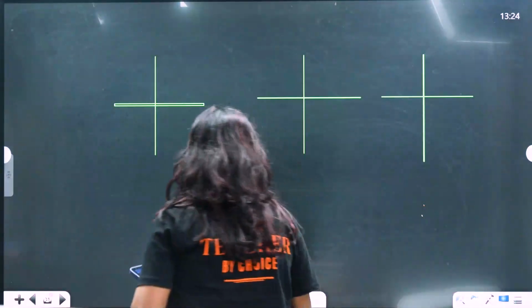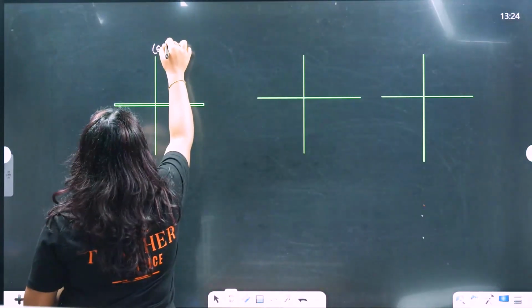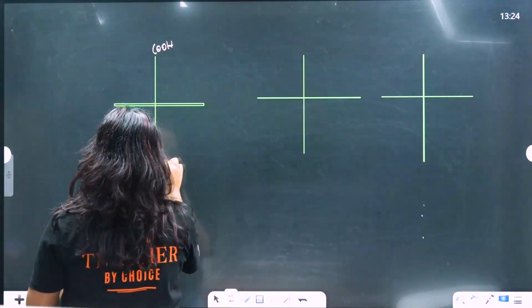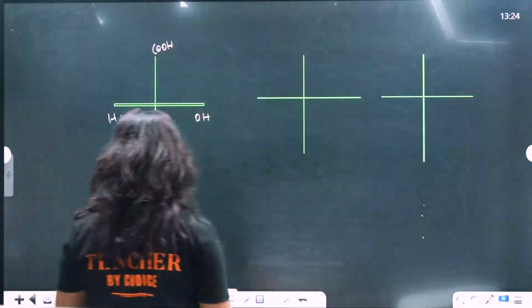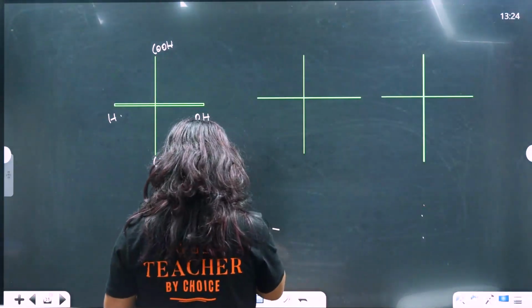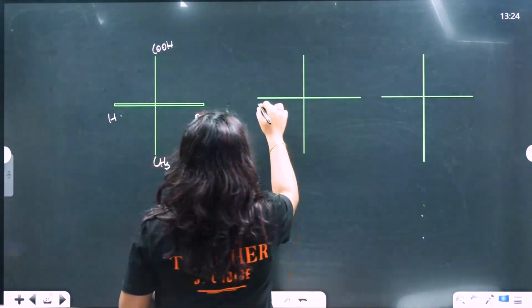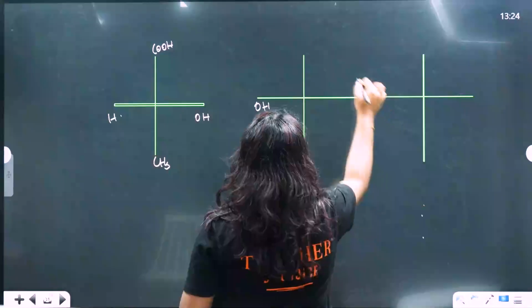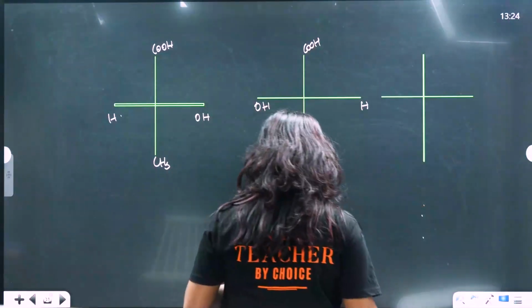Okay, consider COOH here, CH3OH hydrogen. Okay, OH here, hydrogen, COOH CH3.